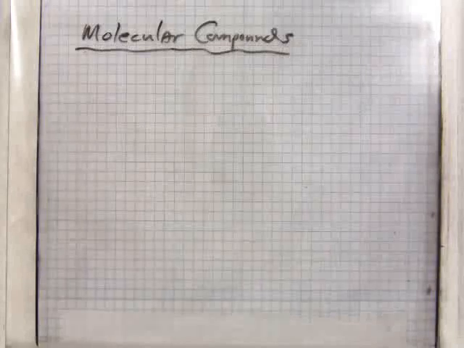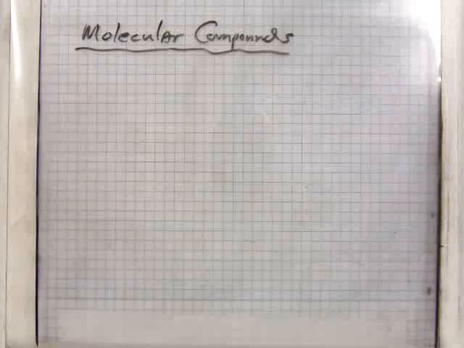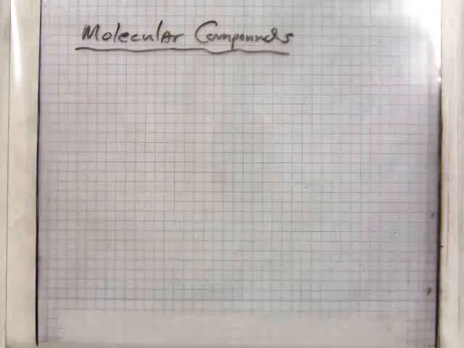Nomenclature, especially in the molecular compounds, comes in what we call common names like water and ammonia, and then there are systematic names. And we don't call water hydrogen oxide, but it is a systematic name.